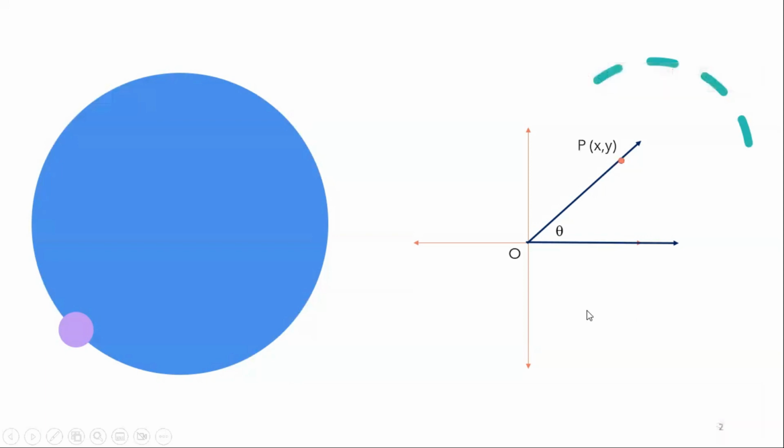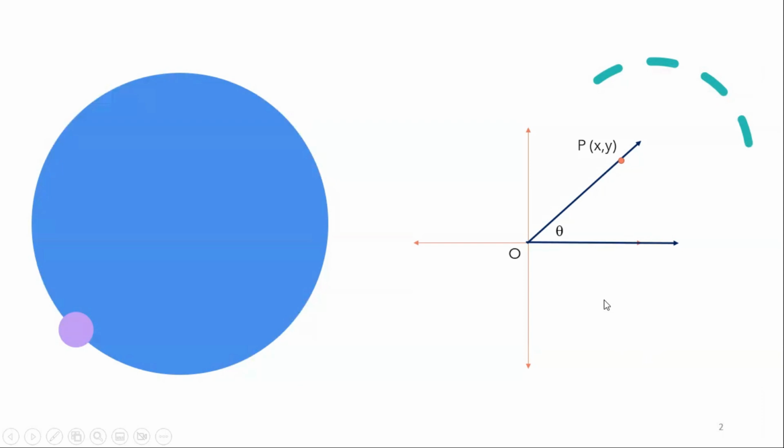So consider again a point P, and this point P has coordinates x and y, the x coordinate and the y coordinate. Again, take note that the x coordinate is considered as the abscissa of the point, and the y coordinate is called the ordinate of the point.